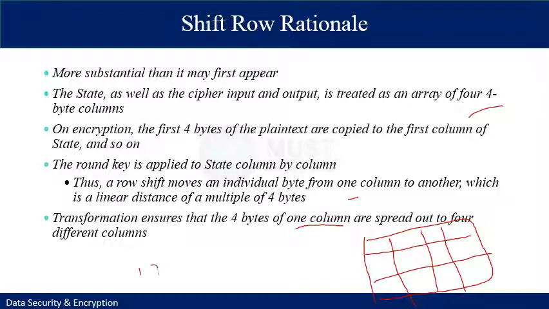So if we have the values 1, 2, 3, 4, with the 1 shift it becomes 2, 3, 4, 1. Again, if we have the same values 1, 2, 3, 4, with the 2 shift we perform 3, 4, 1, 2.